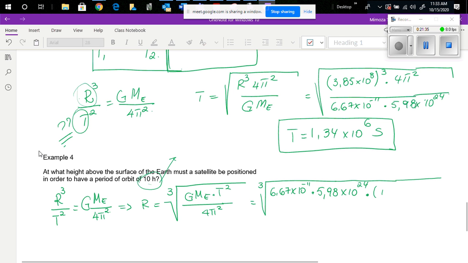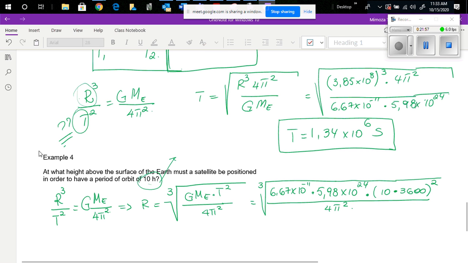So it is 10 hours times, in 1 hour we have 60 minutes, and in 1 minute we have 60 seconds. So it's 3600 to the power of 2 over 4 pi squared.